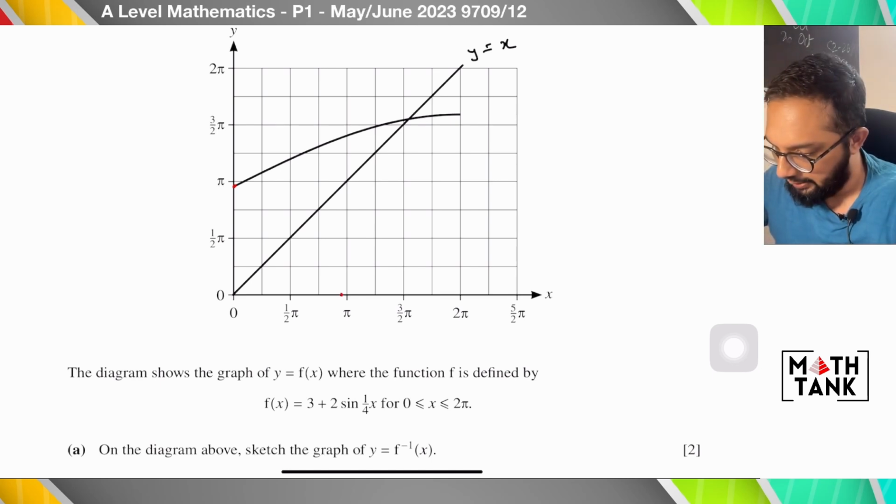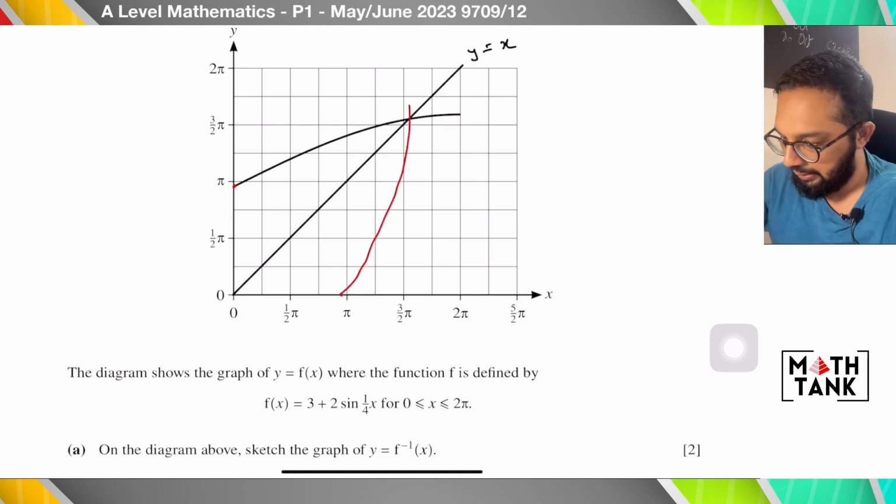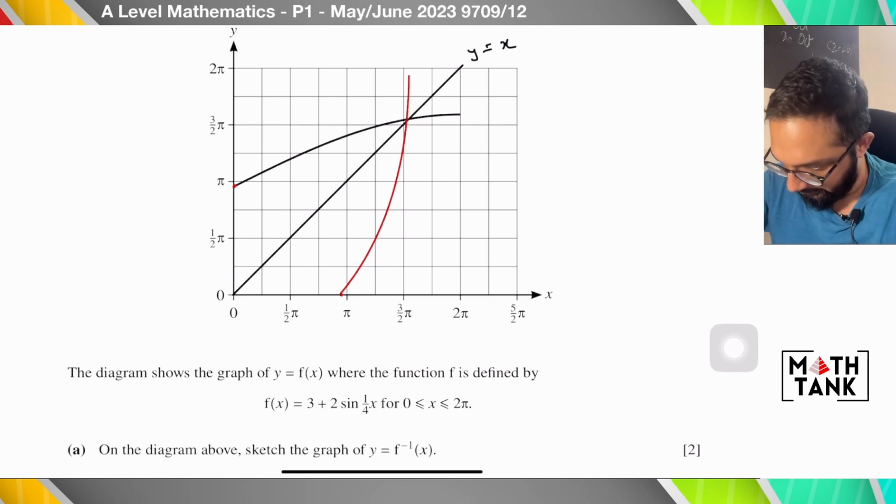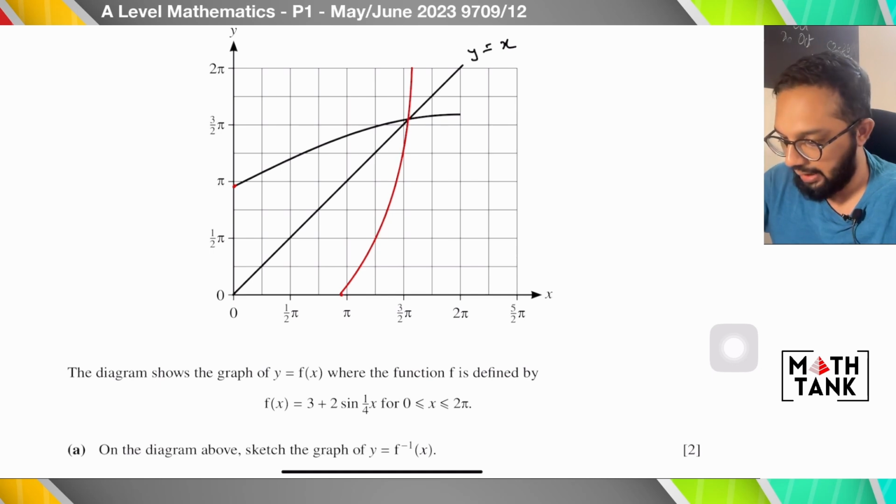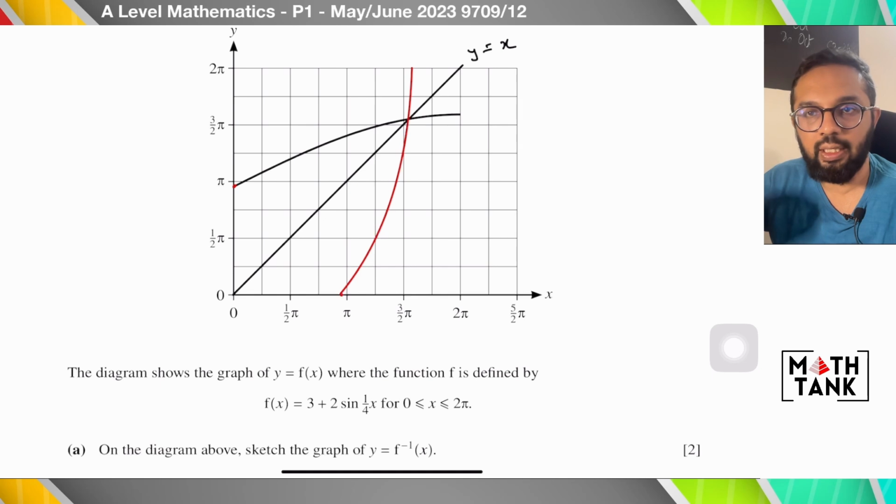Or I can just say that I know it's going up to 2 pi, right? And that's how it's going to go. It has to pass through this point. So that's the approximate curve that I have.